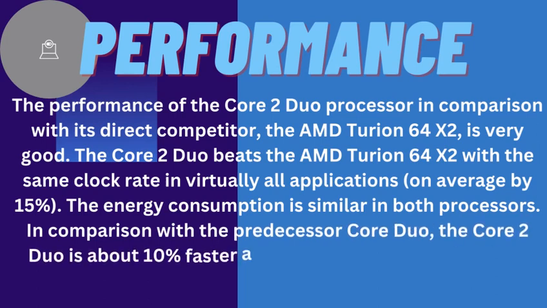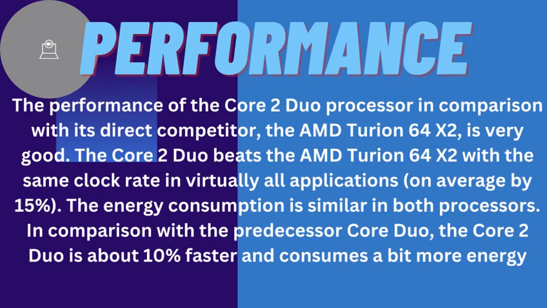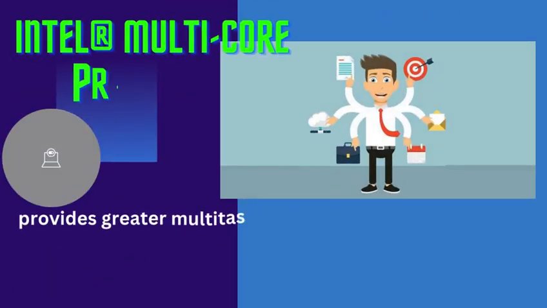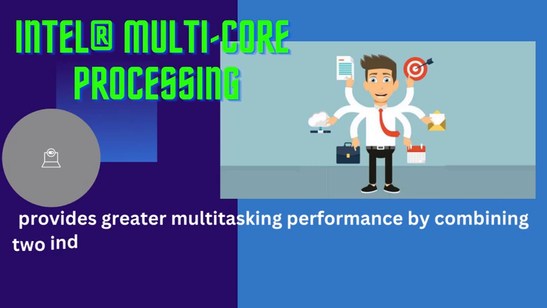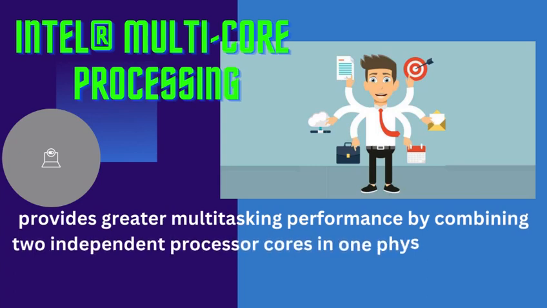The energy consumption is similar in both the processors. In comparison with the predecessor Core Duo, the Core 2 Duo is about 10% faster and consumes a bit more energy. It provides greater multitasking performance by combining two independent processor cores in one physical package.